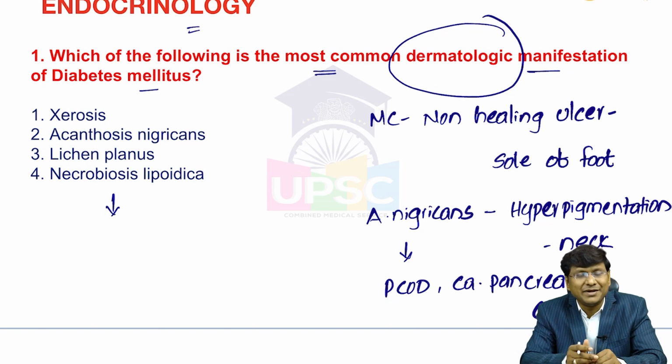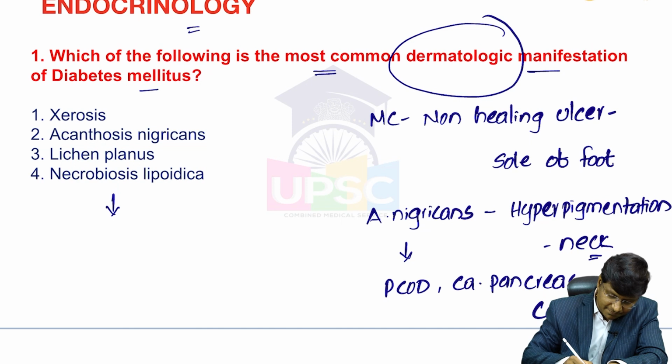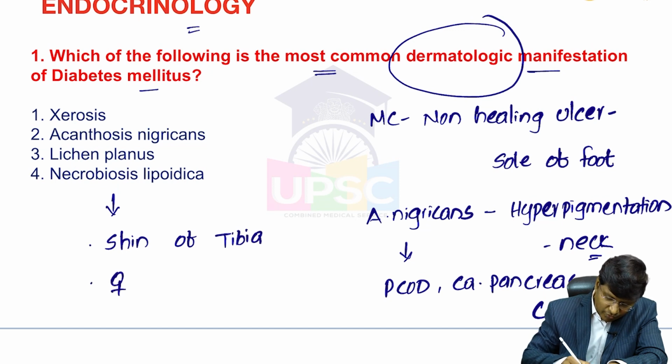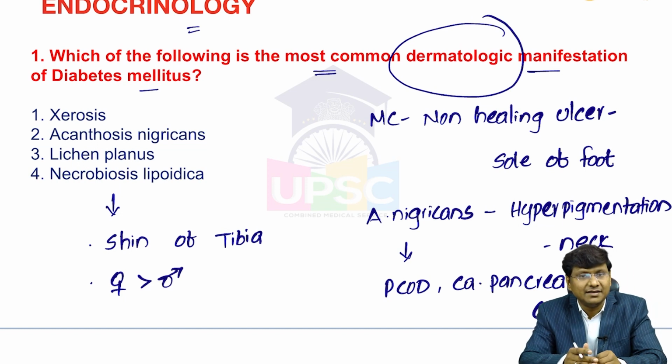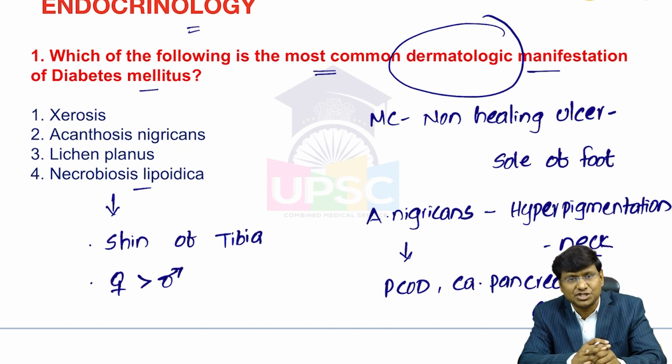Next is necrobiosis lipoidica diabeticorum, right? So this is observed over the shin of the tibia. And this is commonly seen in females rather than males, right? And the differential diagnosis of necrobiosis lipoidica diabeticorum is the martoral ulcer which is seen over the shin.